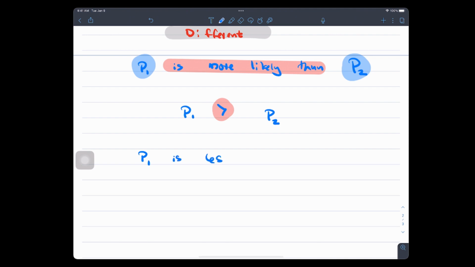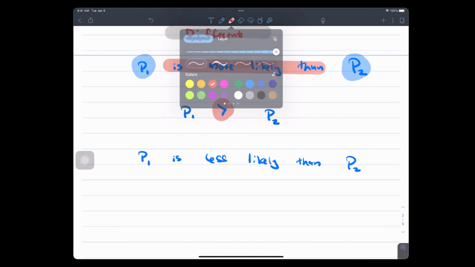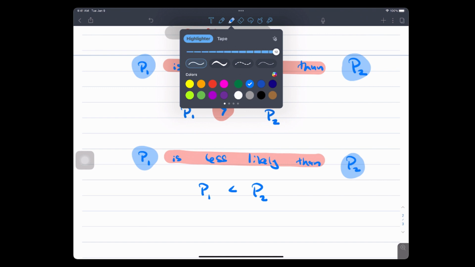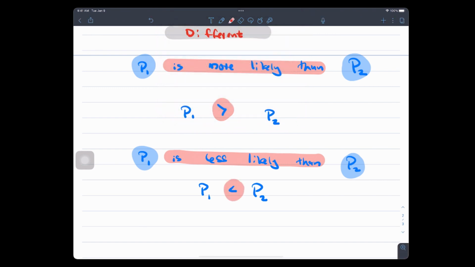P1 is less likely than P2. How do I describe this? Is that easy peasy?